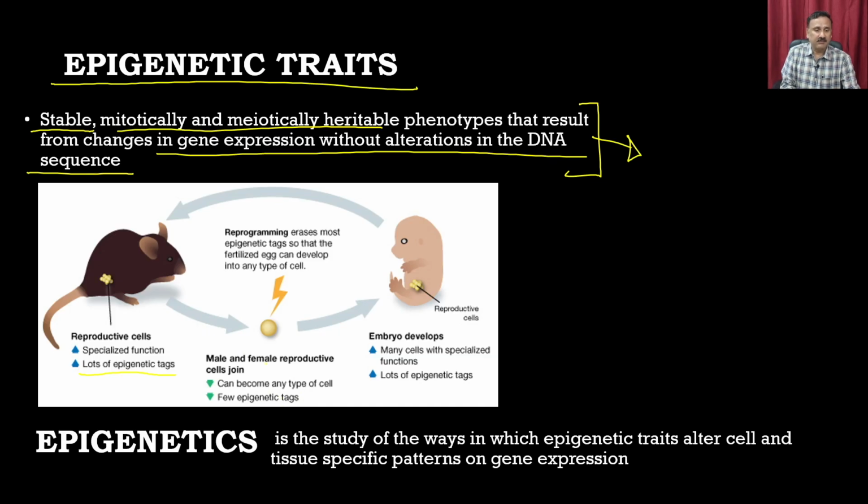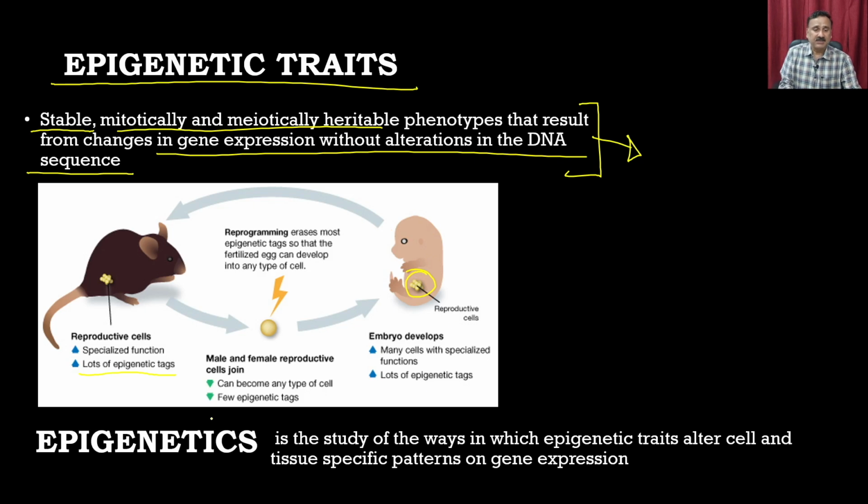That's how the epigenetic tags from the male and the female come together, and that's how they result in phenotypic changes, because the reproductive cell is going to grow and give you the complete organism, right?